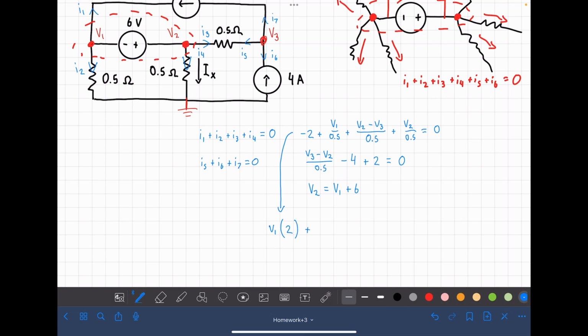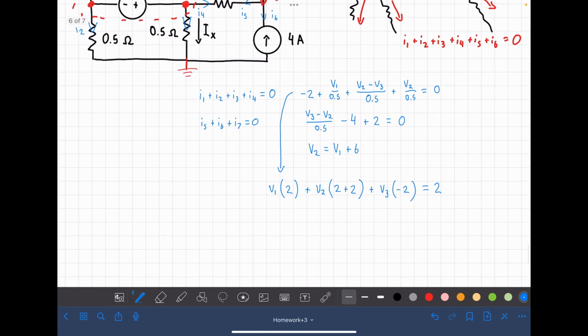And then plus V2 is divided by 0.5, 2 plus 2, V3 minus divided by 0.5, negative 2. All that is equal to, we're going to get a constant to the other side, so that's going to be 2.